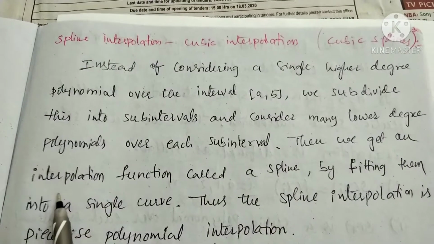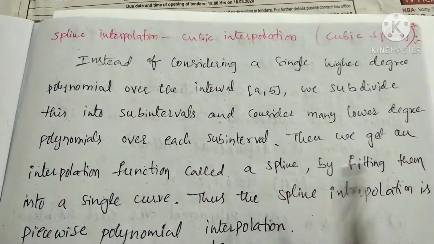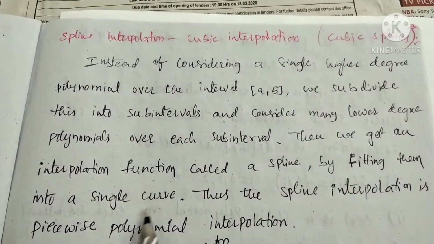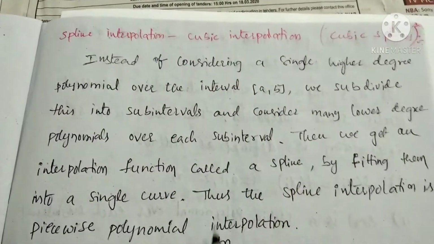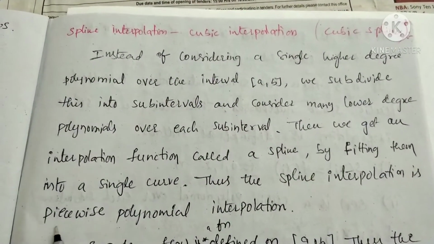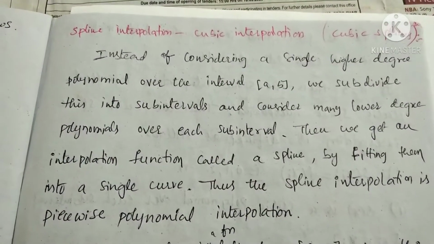Then we get an interpolation function which is called a spline, by fitting them into a single curve over the interval a comma b. Thus, the spline interpolation is said to be a piecewise polynomial interpolation.